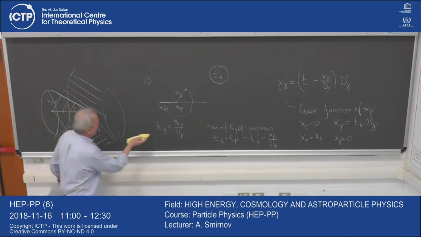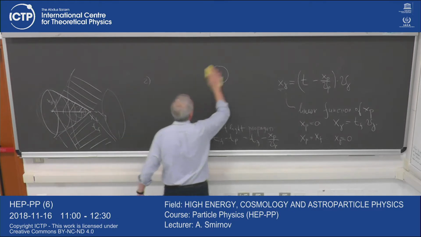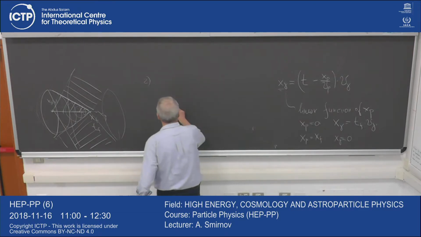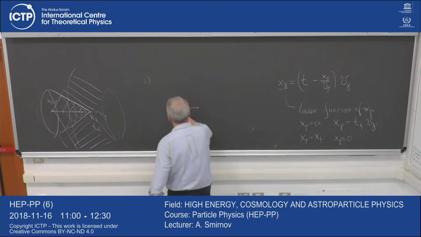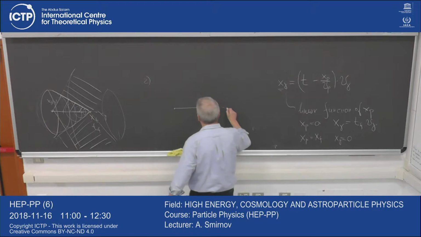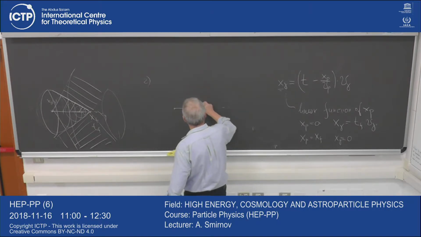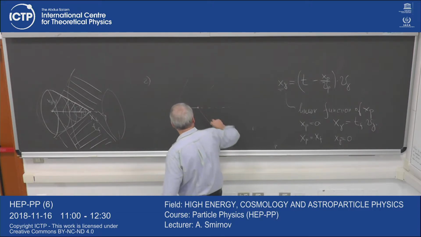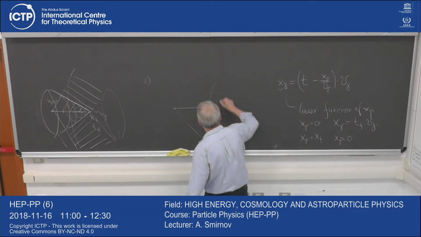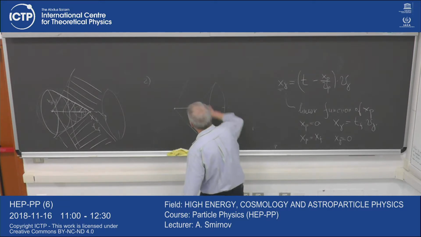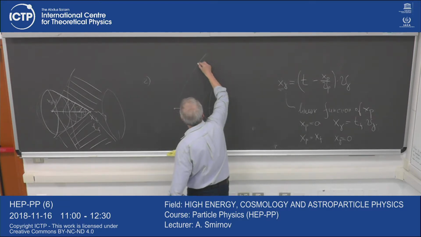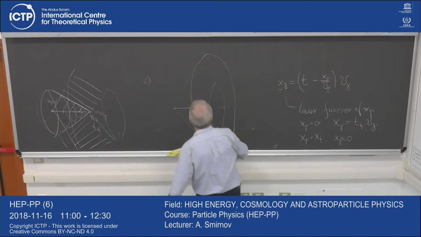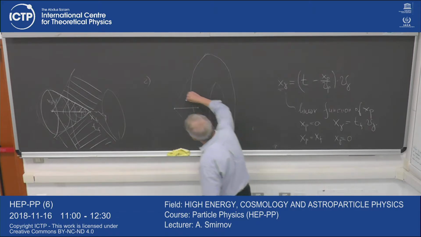So let me show you a smaller size so that you can better see the geometry. If the particle was produced and then absorbed at some point, what will happen? You will have this light moving in this cone.